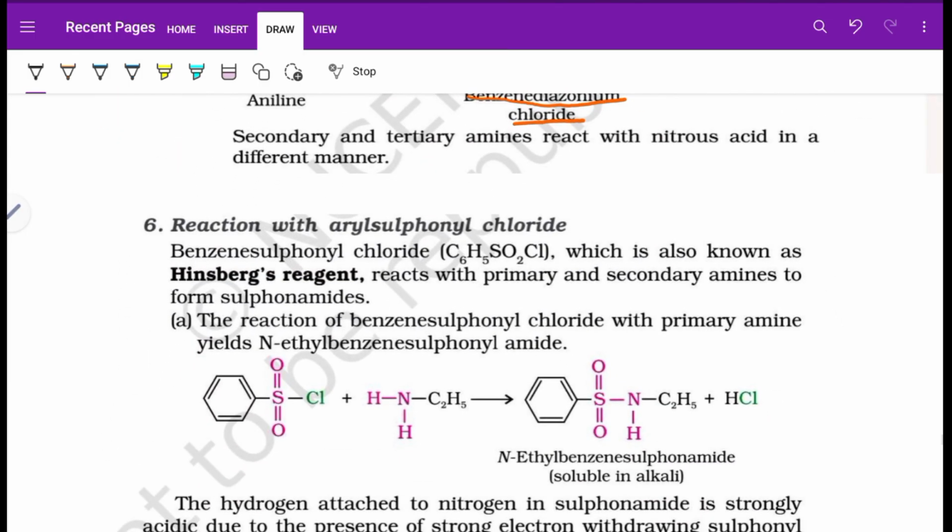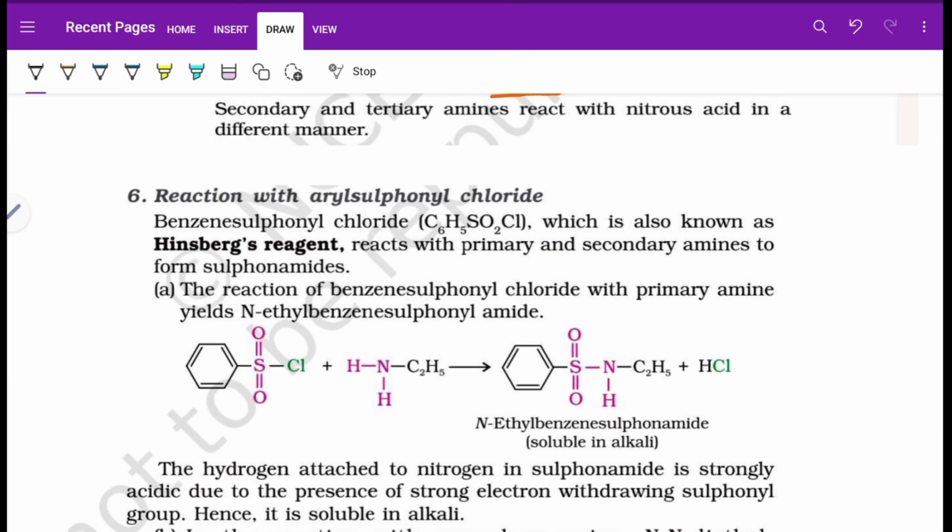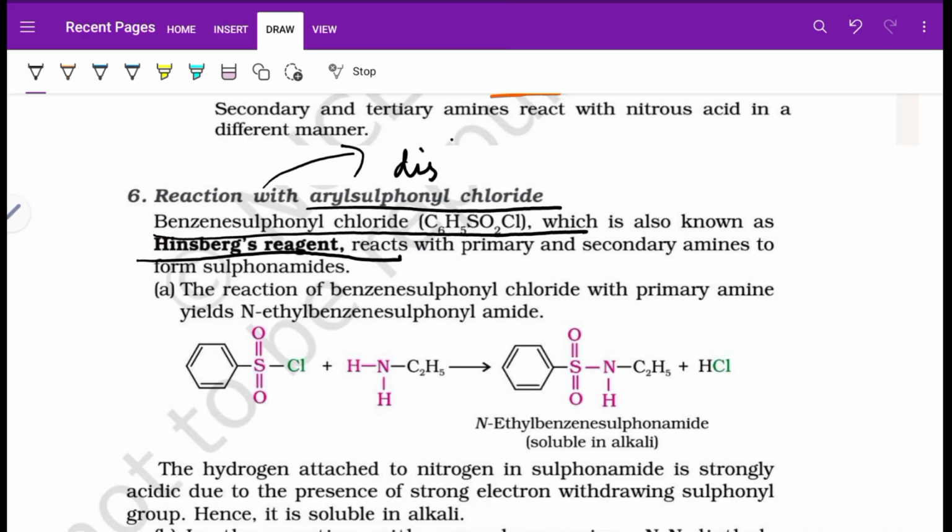So next is the reaction with aryl sulfonyl chloride, which is termed as Hinsberg reagent. Hinsberg reagent is also used as a distinguishing test for types of amines, like Lucas reagent was used as a distinguishing test for types of alcohols.